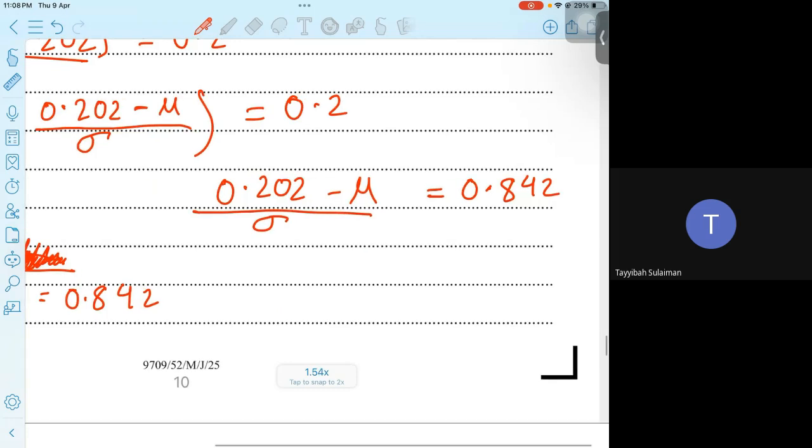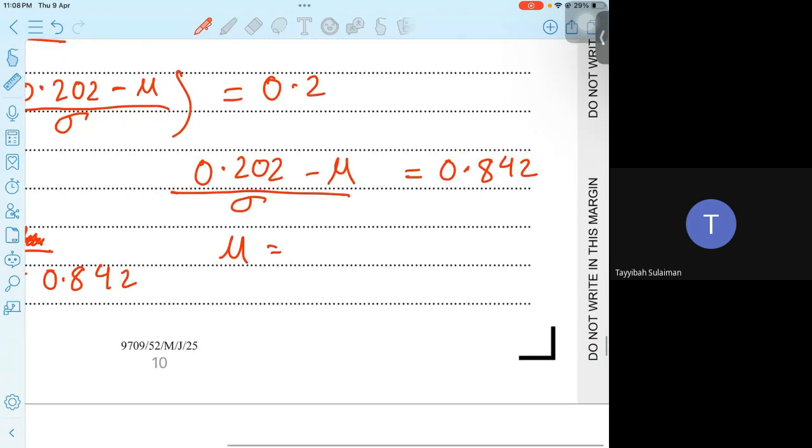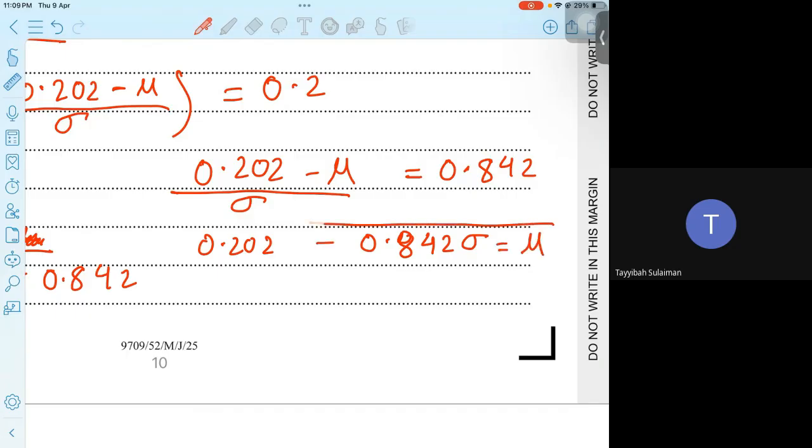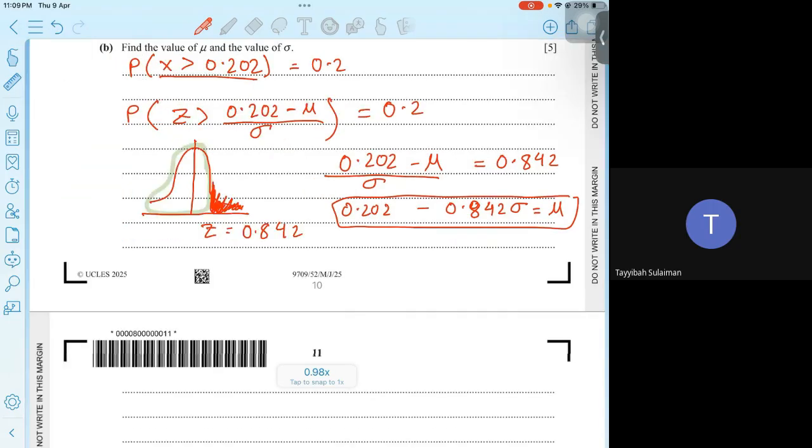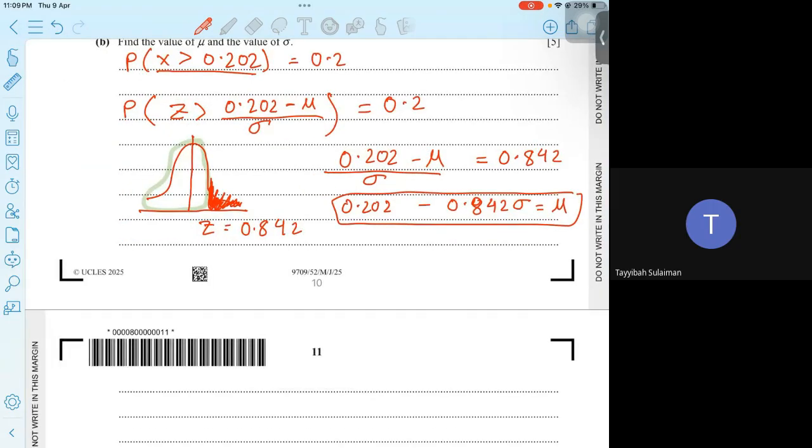If you have to form an equation, let's form it in terms of mu. Let's just solve it directly. 0.202 minus mu is equal to 0.842 sigma. So I bring the mu to that side, and this gives mu equal to 0.202 minus 0.842 sigma. So I have one equation here, in terms of mu. Now I have to find the second equation.